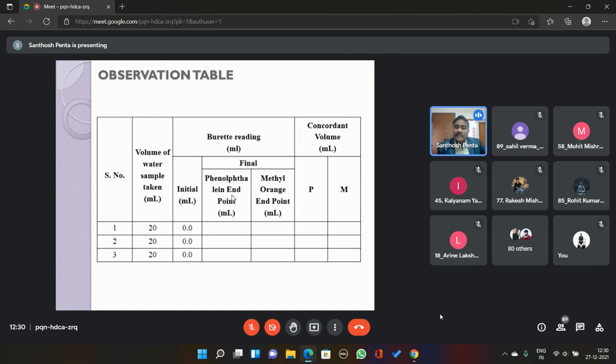Similarly here, phenolphthalein works at a pH around 8 to 10, in basic nature. Methyl orange indicator works at a pH range of 3 to 4. That means at acidic pH, the methyl orange indicator works thoroughly.